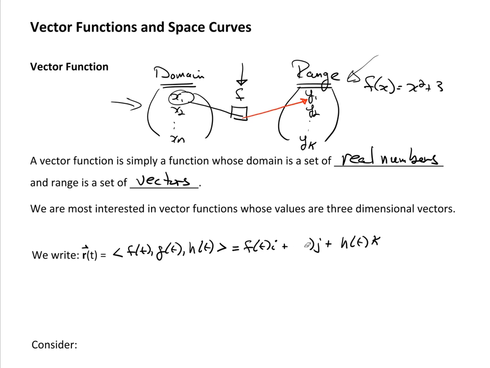Let me fix this one. I don't like the way I wrote that. Okay, g of t j. There we go. So we can write this vector function in either form, because quite frankly, sometimes this form is a little bit easier to work with. Sometimes this form is preferred.